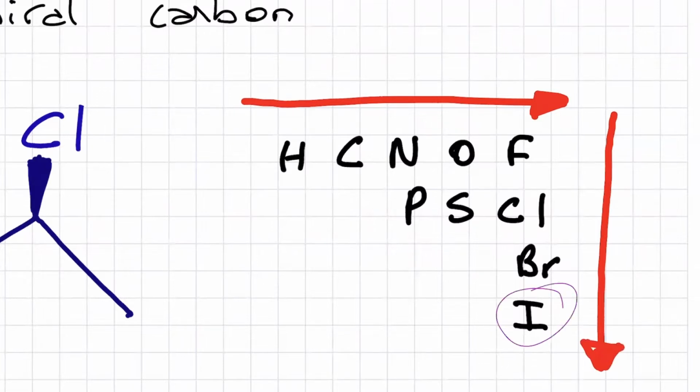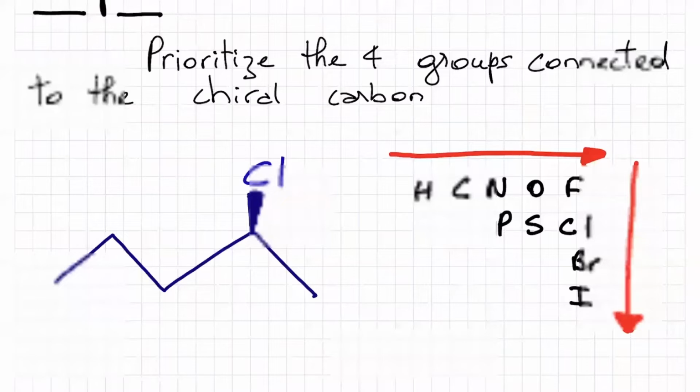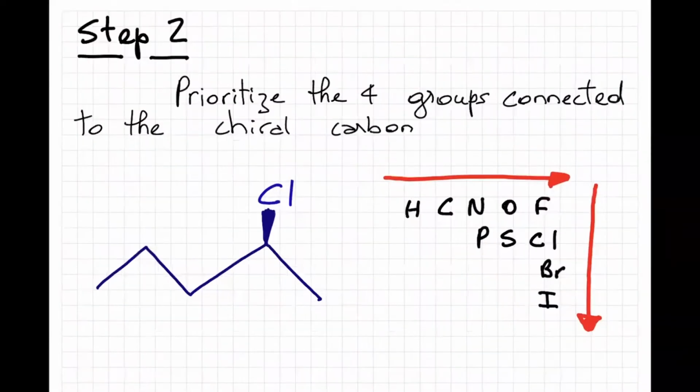So iodine, for example, will always be more important than hydrogen, phosphorus, sulfur, etc. So the higher the atomic number, the higher the priority. Let's use this information to assign priority to the 4 groups directly connected to our chiral center.